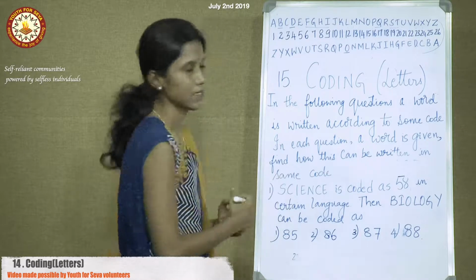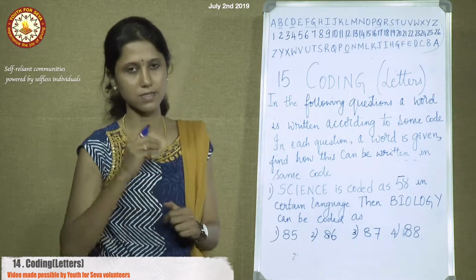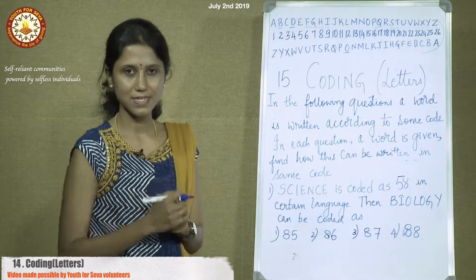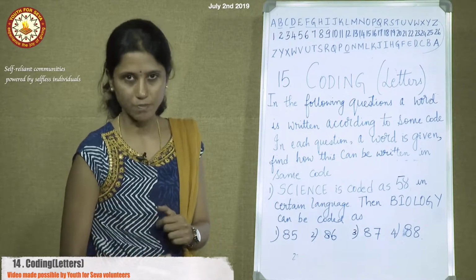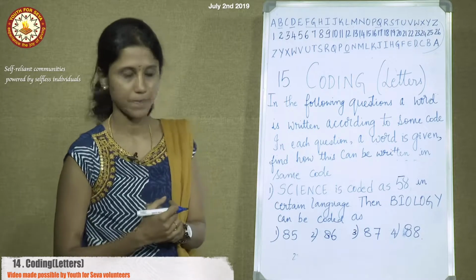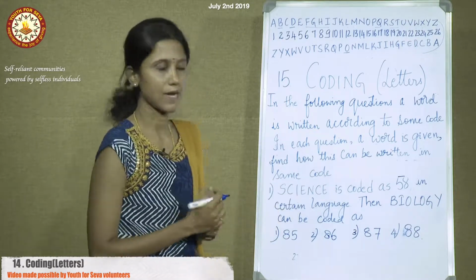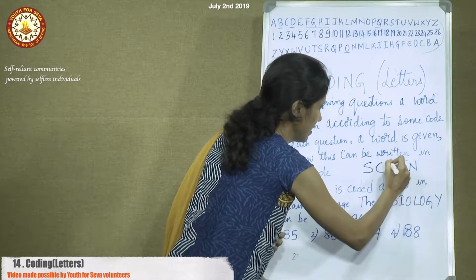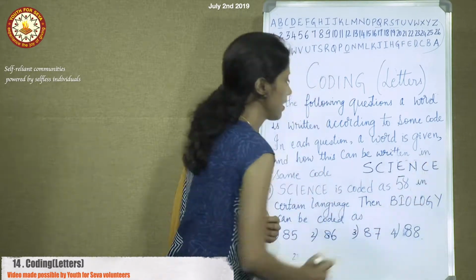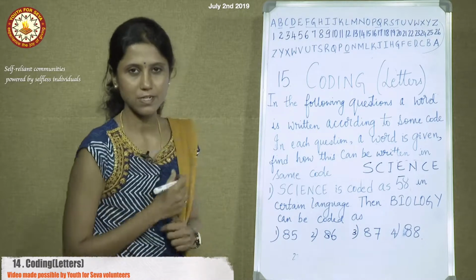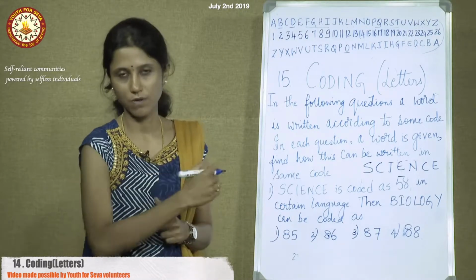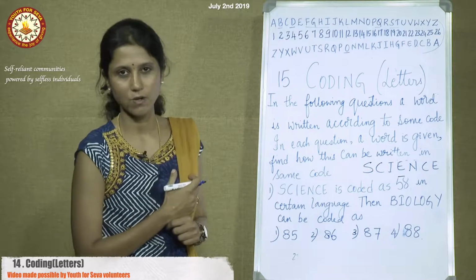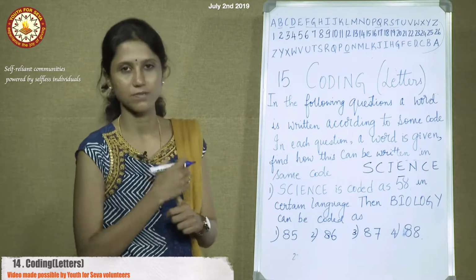First thing, whenever letters and numbers are related, think about the position of the letters and see whether any arithmetic operation is giving you the answer. Science, let me write the word science here, S-C-I-E-N-C-E. Let us write the position of each letter in the forward direction first. If we are not getting 58 with any arithmetic operation, let us write in the reverse direction and check.